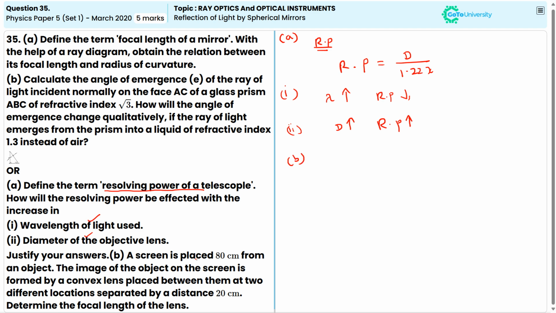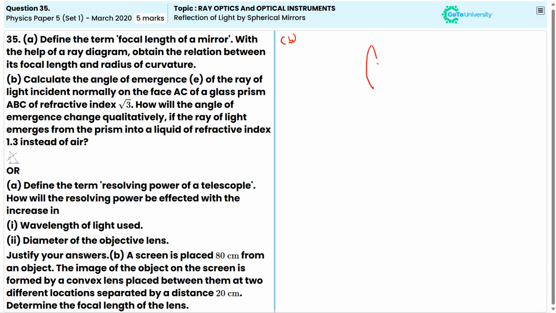Here a screen is placed 80 cm from an object. The image of the object on the screen is formed by a convex lens placed between them at two different locations separated by a distance of 20 cm. They are asking us to determine the focal length of the lens. So the distance between the two lens positions is 20 cm.